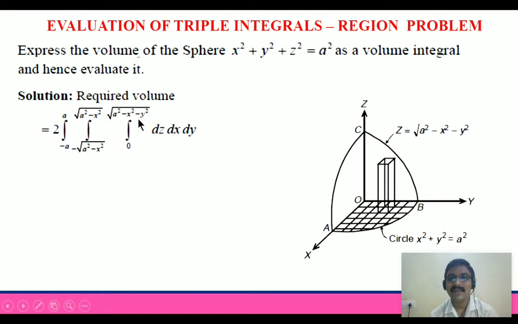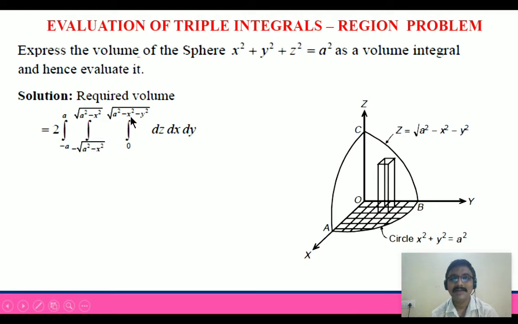Since we have a definite integral formula, that is integral minus a to a f of x dx is equal to 2 into integral 0 to a f of x dx whenever f of x is an even function. Using the formula, we can write 2 into 0 to root of a square minus x square minus y square.